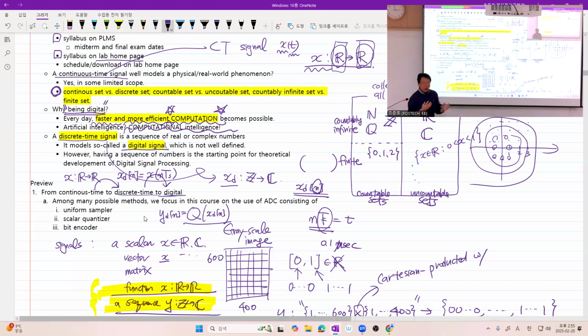Anyway, the world has changed. Your friends on the other side of the building improve the speed of transistors every day, right? And that makes computational intelligence really practical and very inexpensive. And we are living in a wonderful world, actually. Digital signal processing is actually part of it.